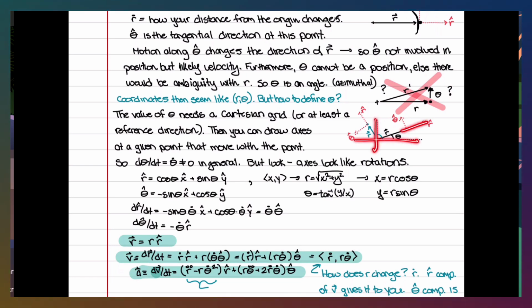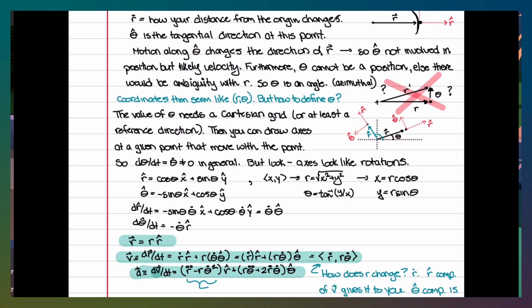Or if I'm all the way out here, I sweep out this whole angle. So if you imagine r hat swinging around, pointing that way, then theta hat swinging around points that way. Again, that looks like just a rotation of this into that.